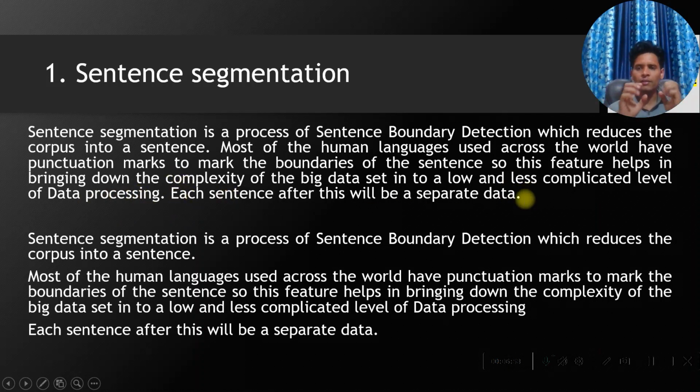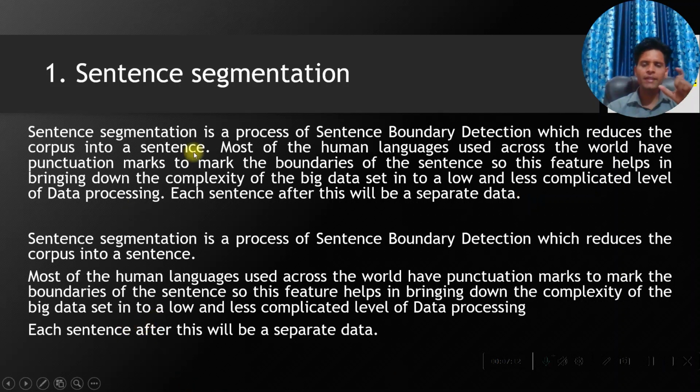So when we write, step one is sentence segmentation. This paragraph will be divided into 3, 4 lines: the first line, second line, third and fourth line. Now all these four documents together are called corpus.